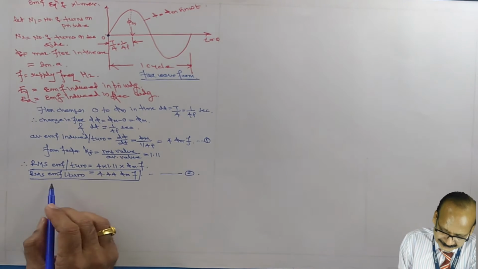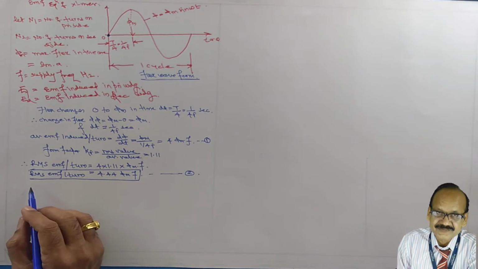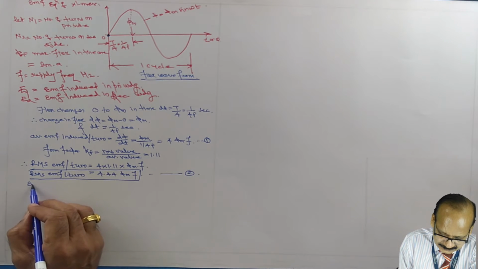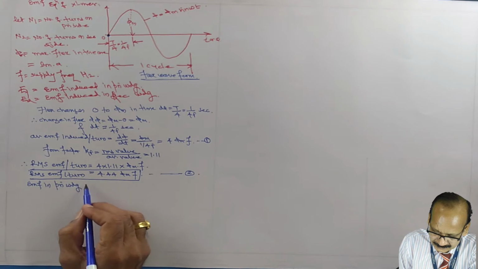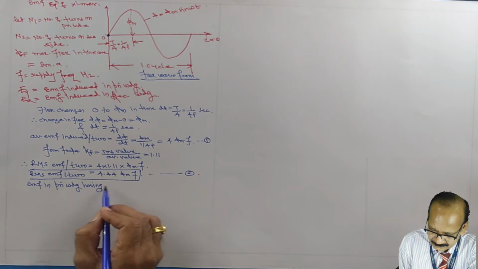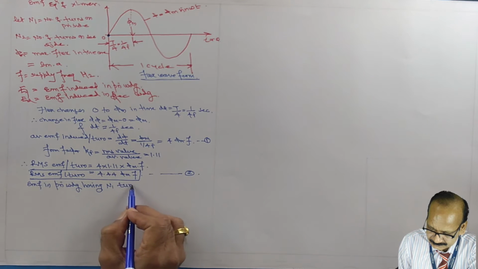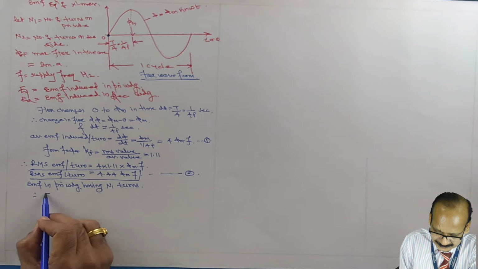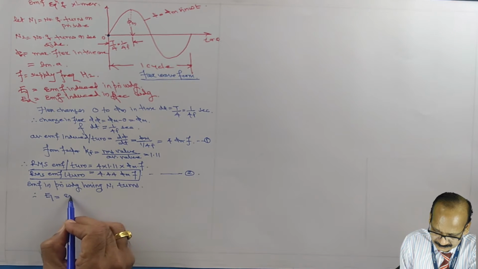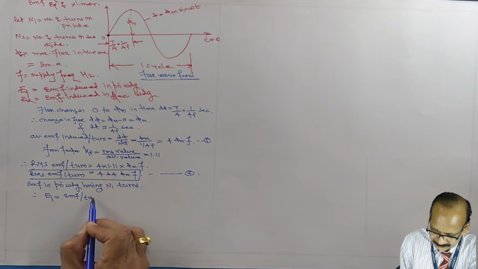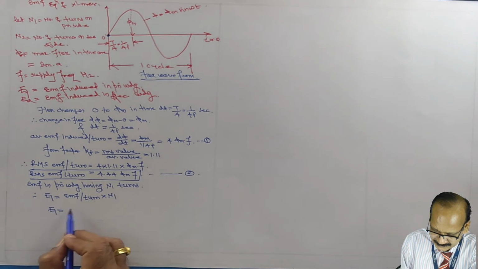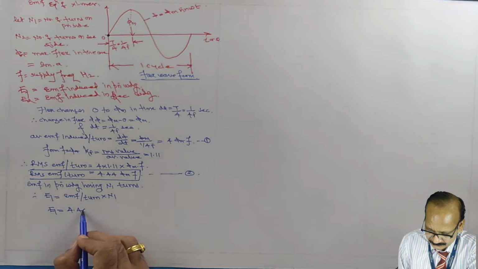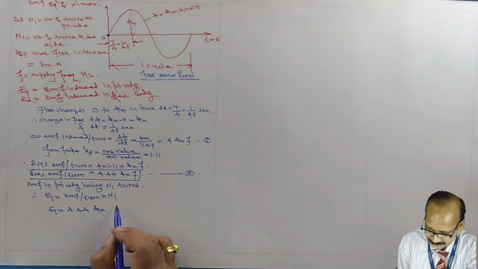Therefore, EMF generated in a primary winding having N1 turns equal to capital E1 equal to EMF per turn multiplied by N1, and therefore E1 equal to 4.44 phi m f into N1.